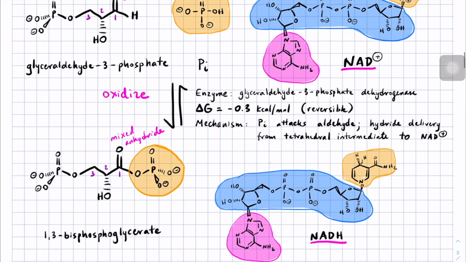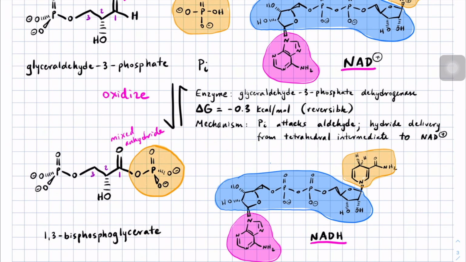What do you suppose we're doing here? Why do you suppose that we have now attached a phosphate group to a carboxylate group via a mixed anhydride? What do we know about anhydrides? Well, anhydrides are very reactive. They have high energy, low stability bonds.